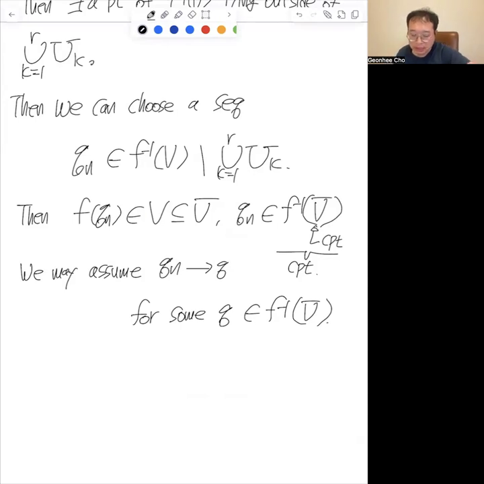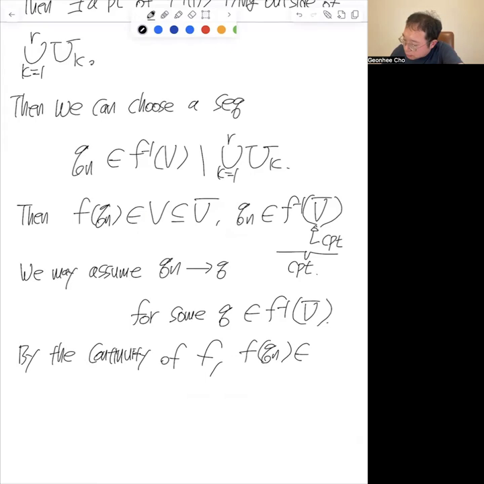This is now guaranteed. Now let's look again at the continuity of f. f was a continuous function, and we know f of Qn belongs to V, and Q sub n converges to Q, and thereby the sequence f of Q sub n must converge to f of Q. This is now guaranteed.